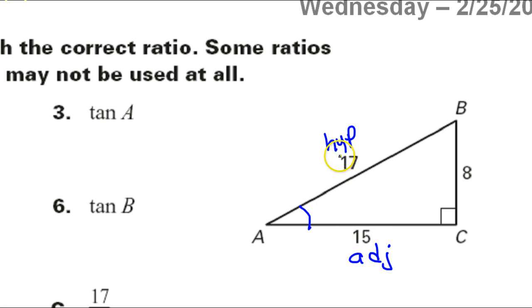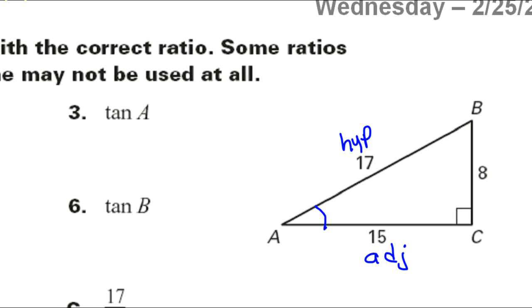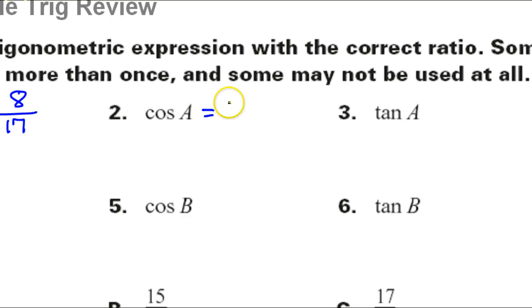So adjacent leg over hypotenuse, 15 over 17. Okay, it's all about the angle though. Adjacent means right next to, opposite means across from. So that's why 8 is opposite from angle A, and the 15 is adjacent to angle A. 15 over 17.